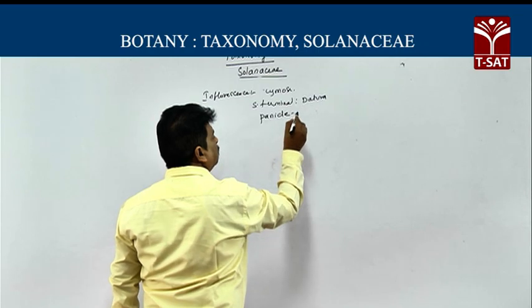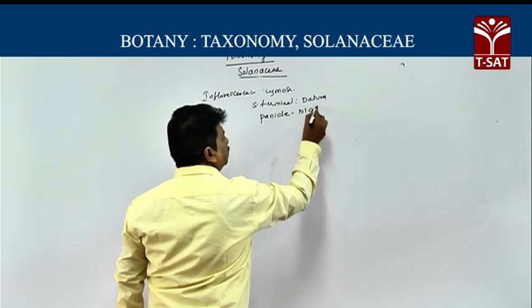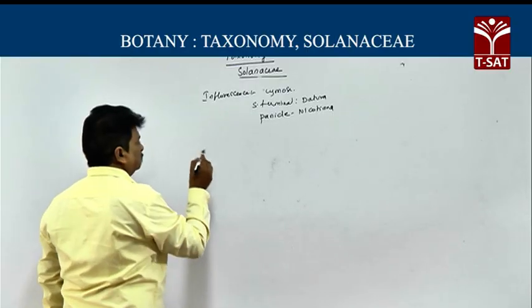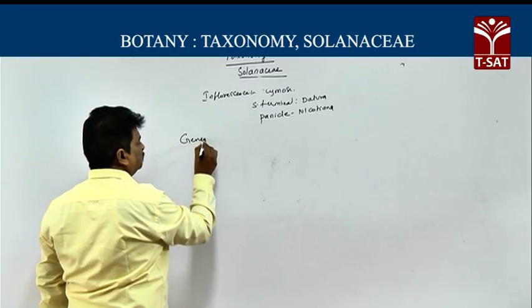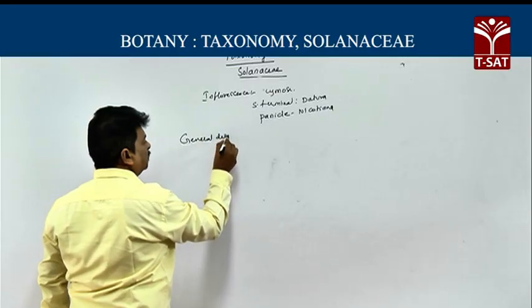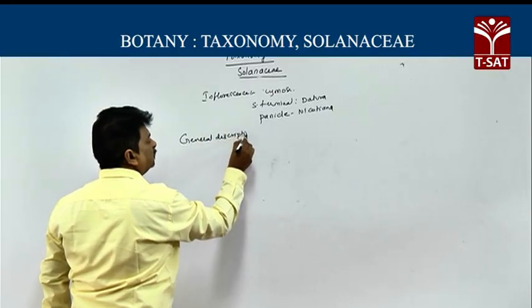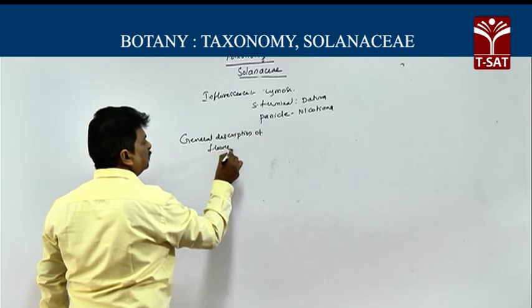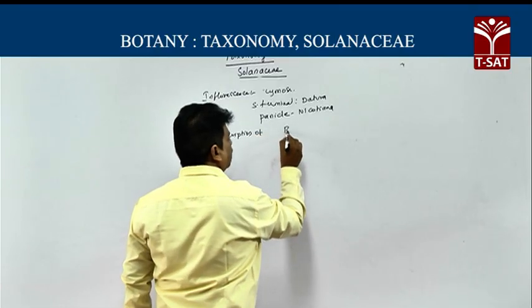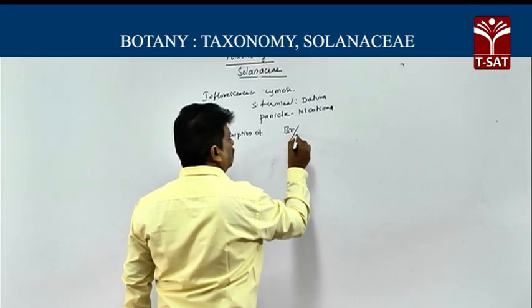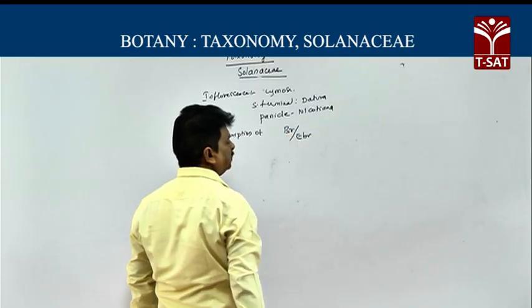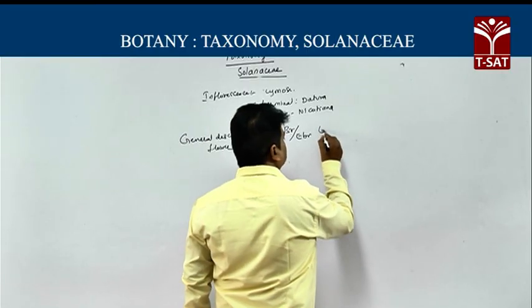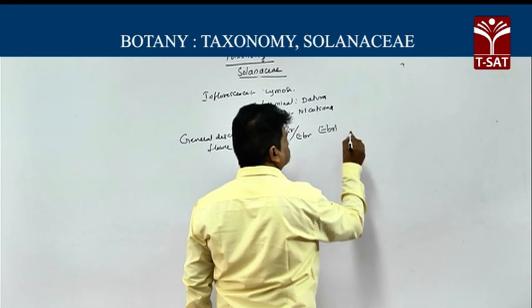Panicle means compound raceme. Then general description of flower. Flowers bracteate or ebracteate. Bracts present or absent, but ebracteolate.